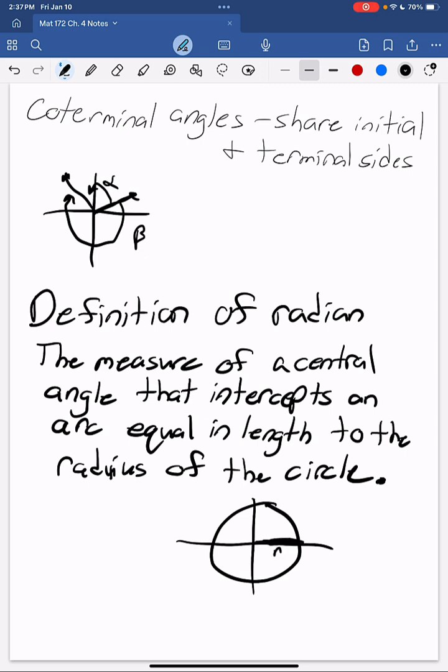So it has a radius of r. Well, then up here, it also has a radius of r. And here is theta. All right. Well, if this length from here to here is r, so we're going to say that's equal to r, then theta is 1 radian.